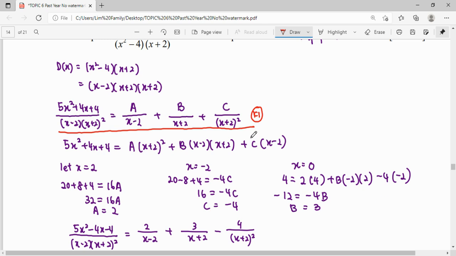Then we build our equation by equating the numerator. When finding which factors it doesn't have, we multiply and build an equation here. And we start using the let method to find A, B and C. With 3 unknowns, we need to let x take 3 values. That will be our concept. After finding A, B, C, we must substitute back into the fraction. This is what we call partial fractions.